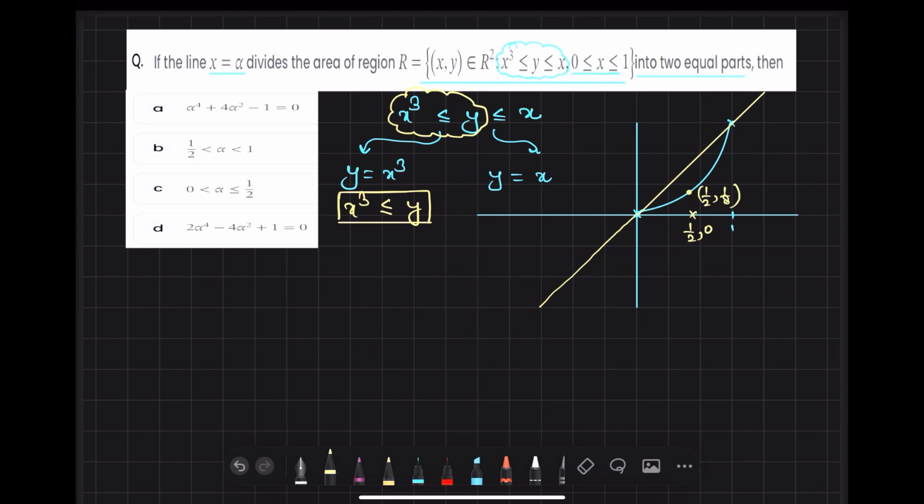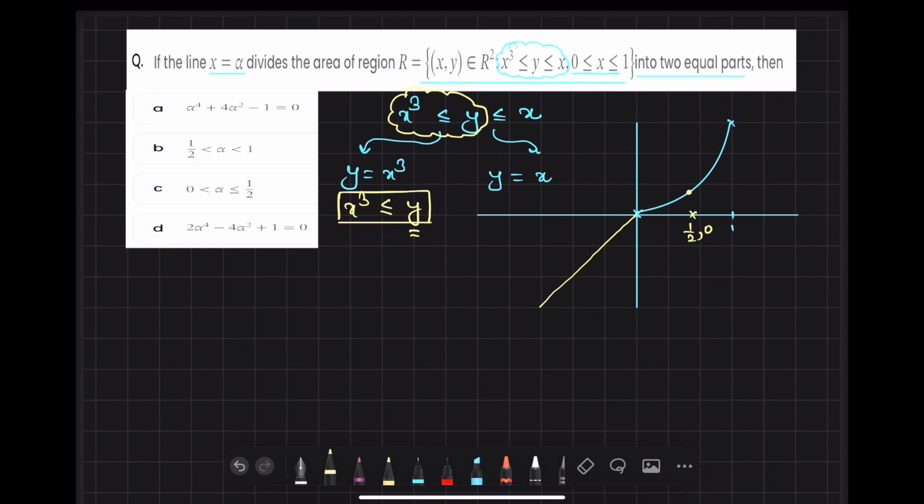If you observe here, y should be greater, but this is smaller than x, correct? Or suppose you are not understanding this part, look at this point. First I will remove this part. Now you have to cover this situation or this situation, correct?